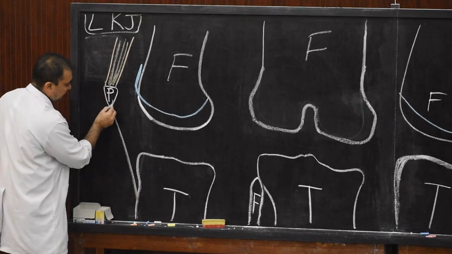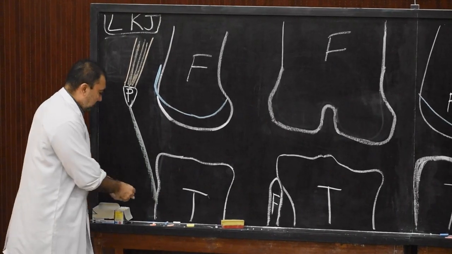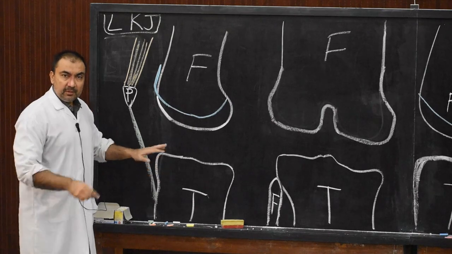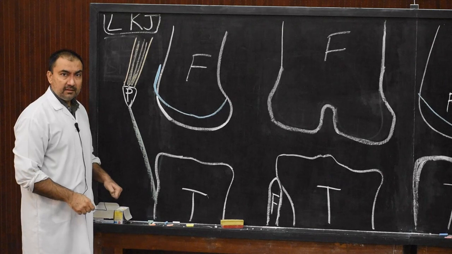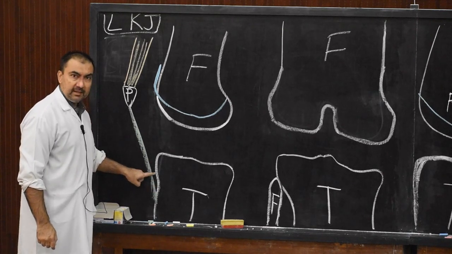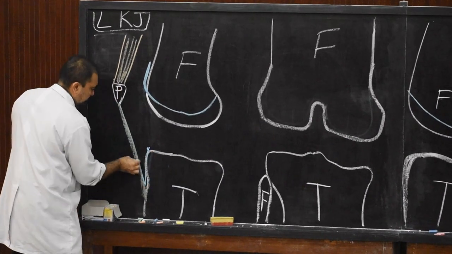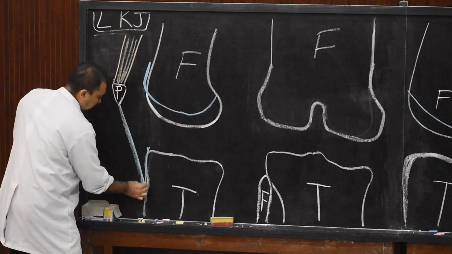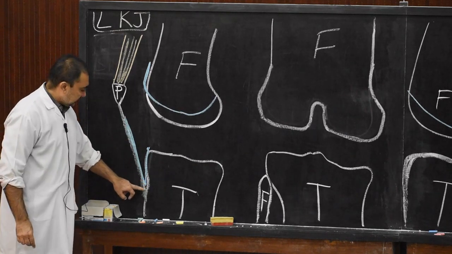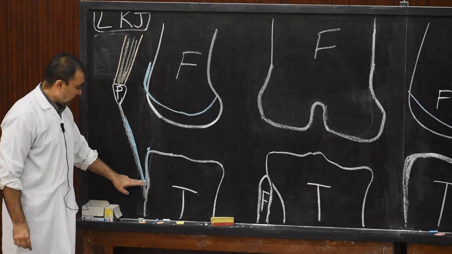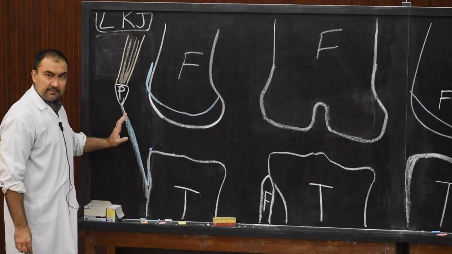So the capsule in the lower part, in the tibia, will be attached anteriorly to the tubercle of tibia and ligamentum patellae. So it is attached to the tubercle of tibia here, and it is merging with the ligamentum patellae anteriorly in the lower part.